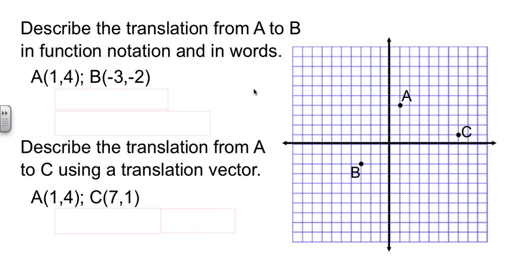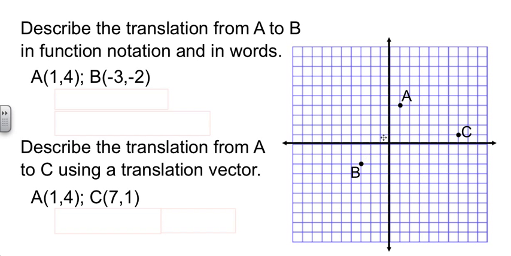Another thing they're going to throw at us is they're going to ask us to describe the translation in function notation and also in words. And they gave us the points for A and B. What they're asking us, guys, is how do you get from A down to B?